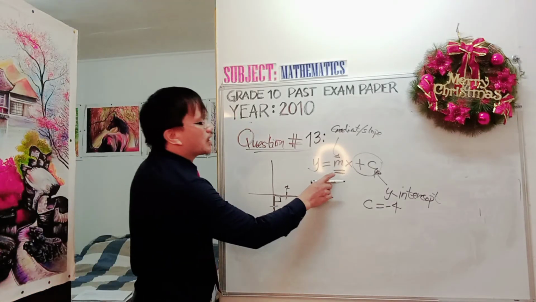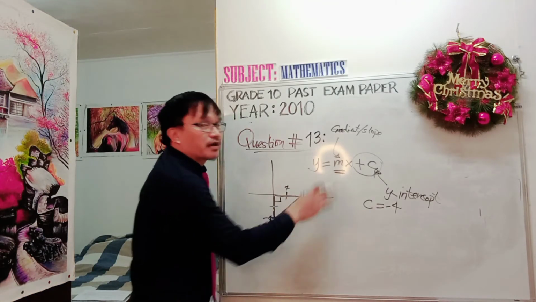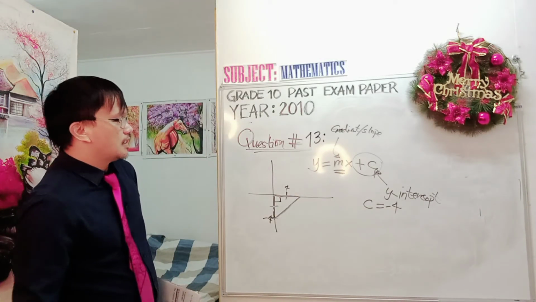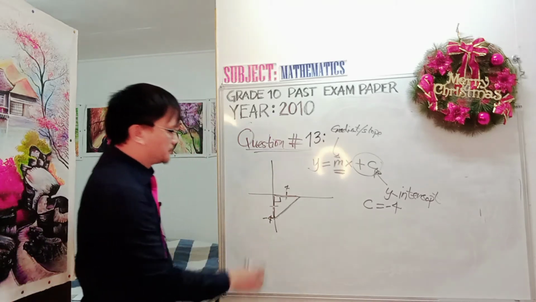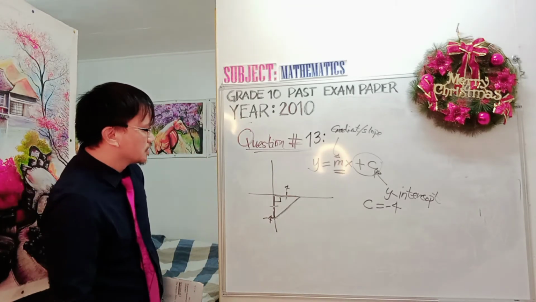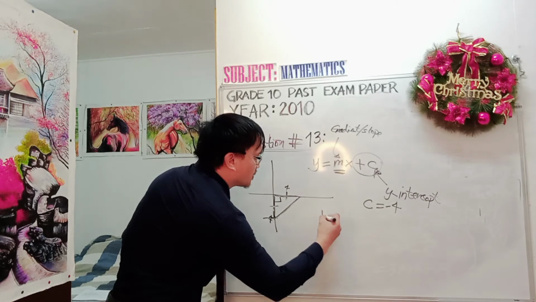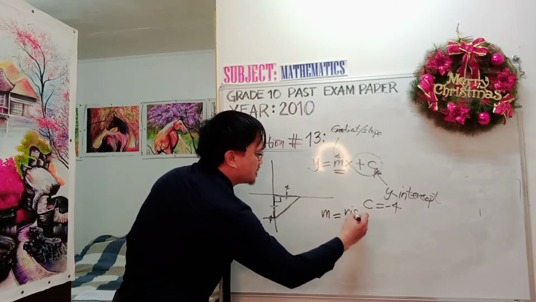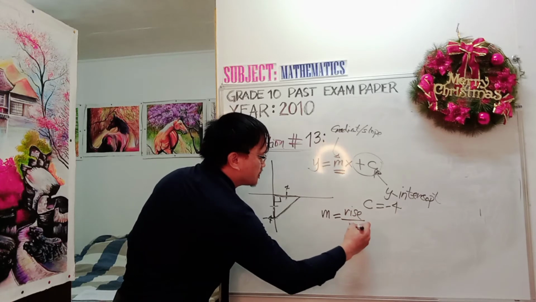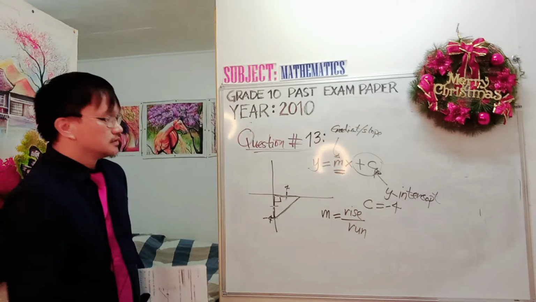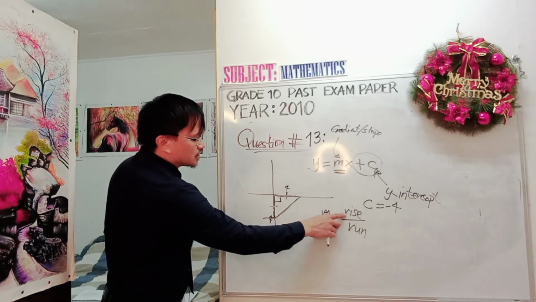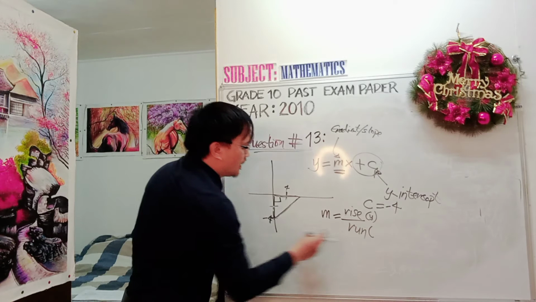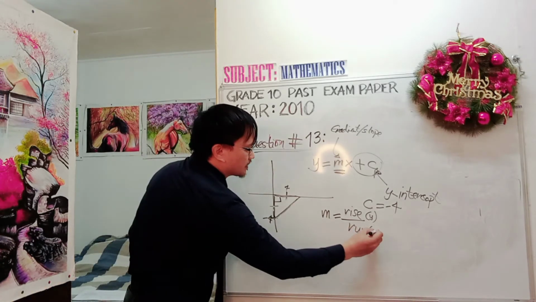Now our problem is to find the gradient of this hypotenuse. Remember that the gradient of a line is equal to rise divided by run. The rise is for the y, and the run is for the x.